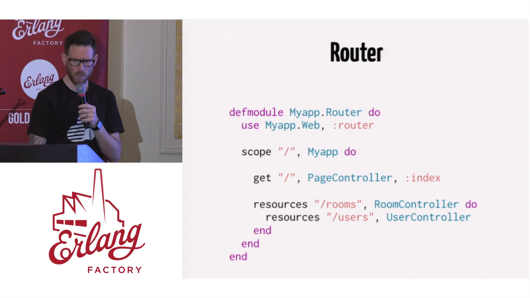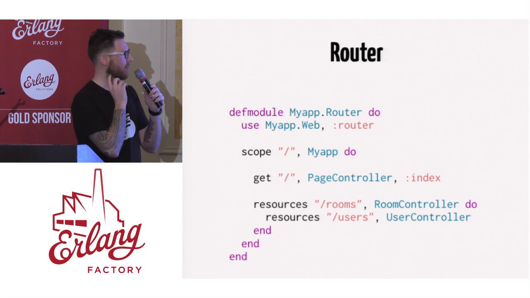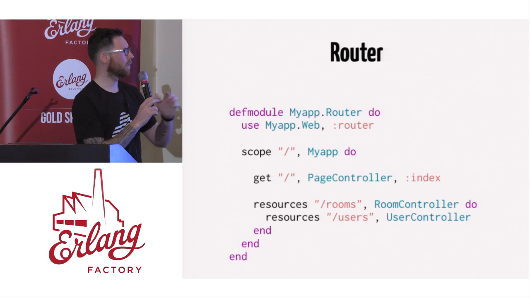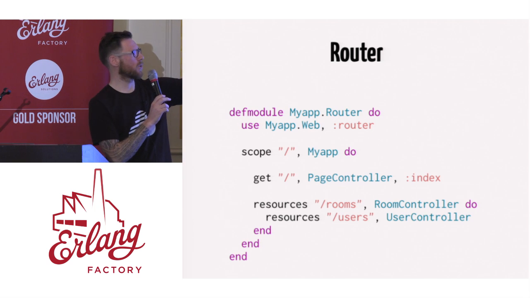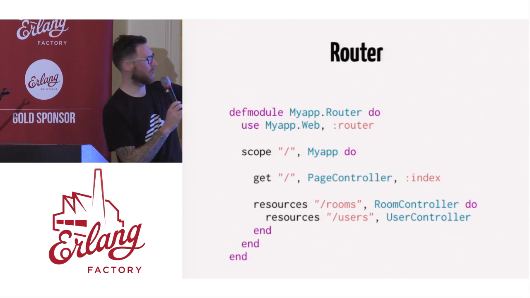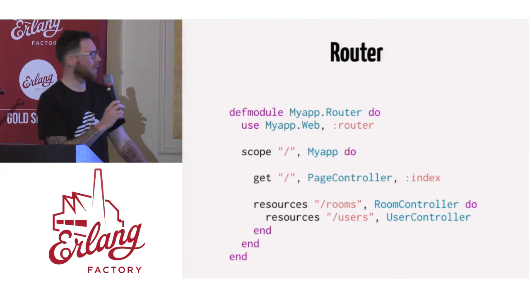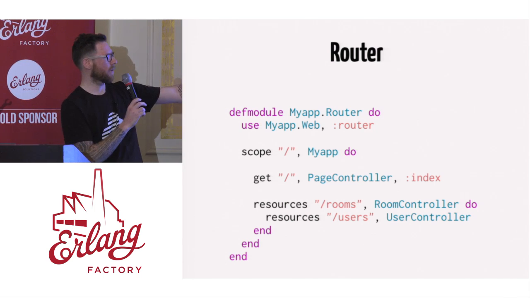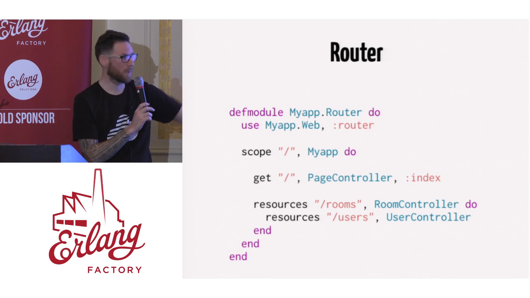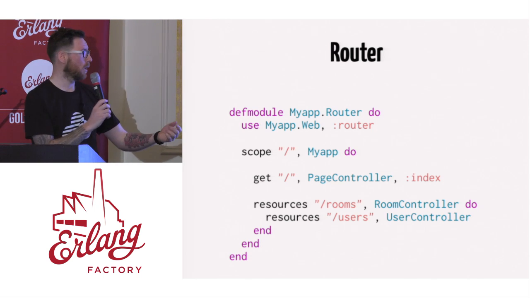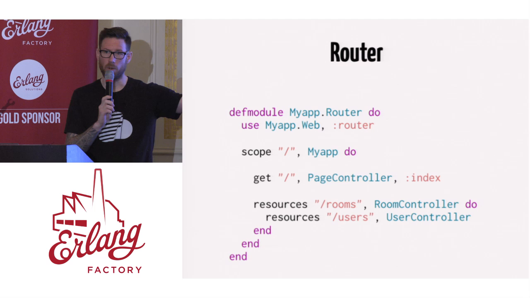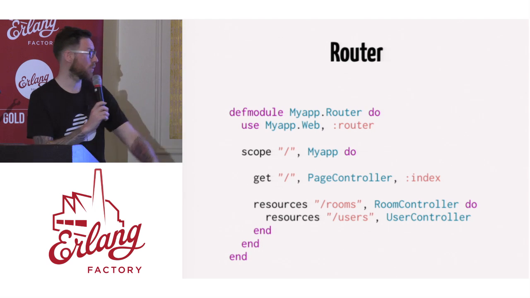This is just a very simple router here. We've got the scope, which basically allows everything in the top level scope to be matched on here. And then we just have this get to slash goes to the page controller, which is a module. And the index is the action, or the function, that's going to be called within that module.